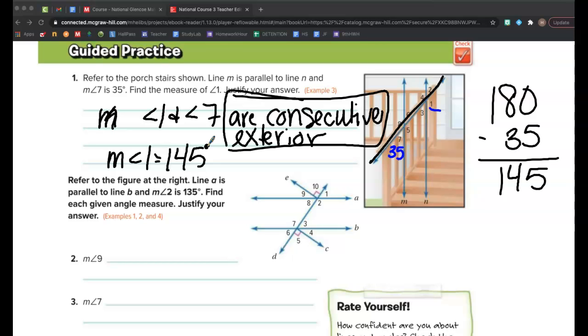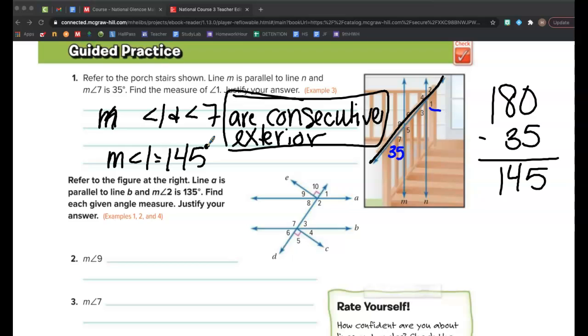I could have said 7 and 3 are what? What would 7 and 3 be? What relationship? Raise your hand. 7 and 3 would be what relationship? Look at your notebook, Joseph, if you don't know. Hayden? Corresponding.